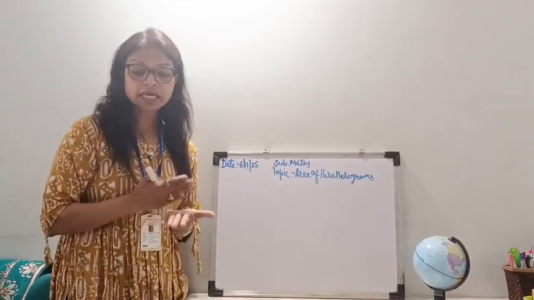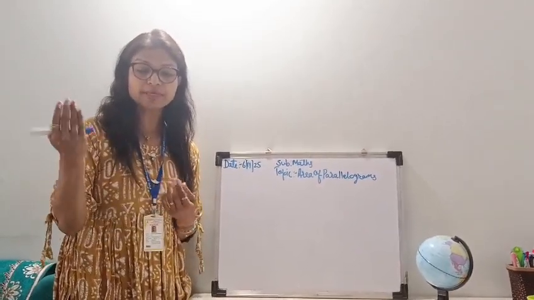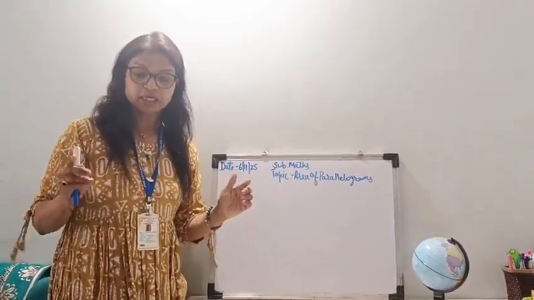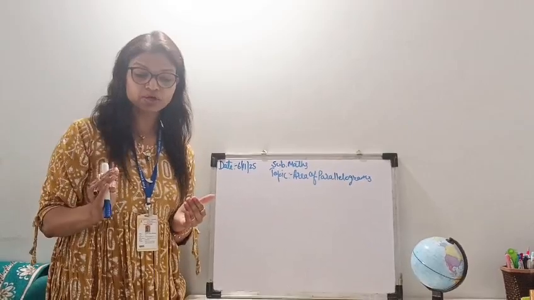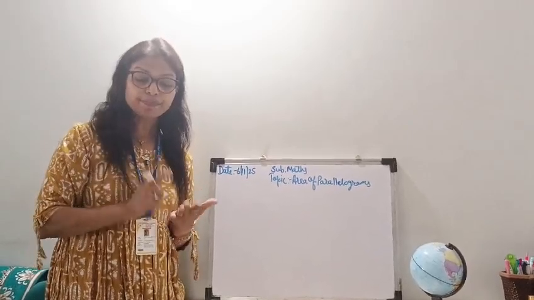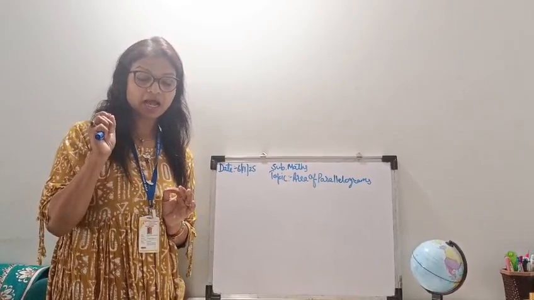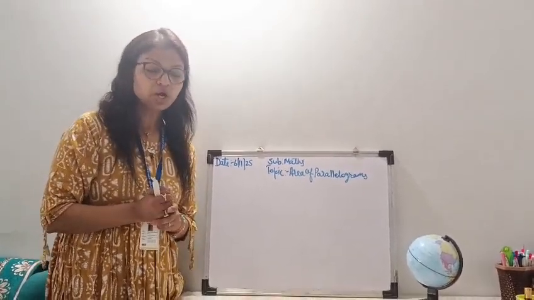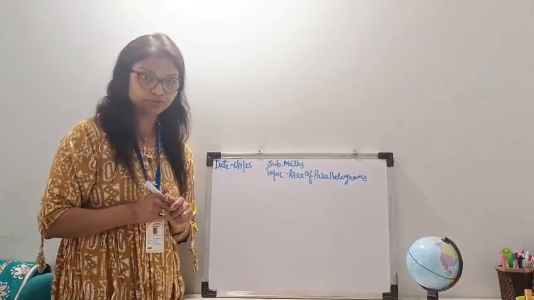The area of a parallelogram is the space enclosed within four sides. The area of a parallelogram is equal to the product of the length and the height of the parallelogram. Okay, hope we are all clear up to this.